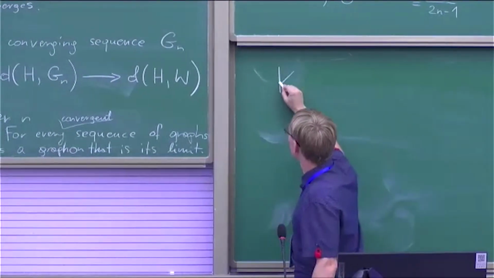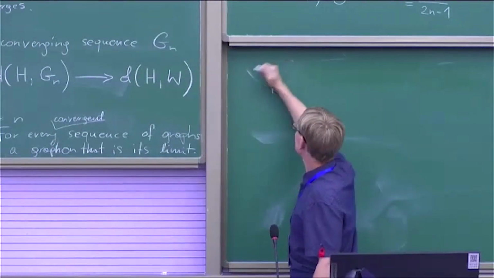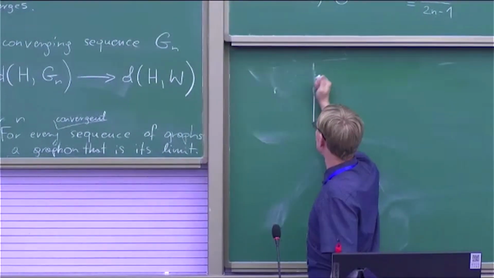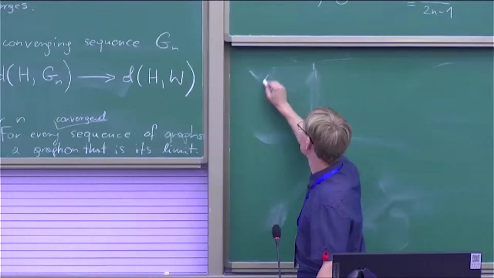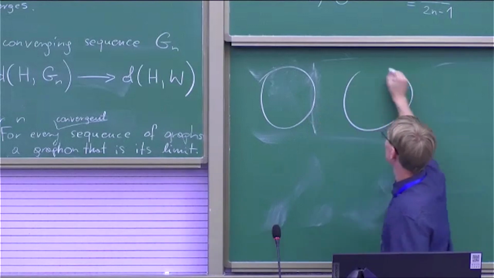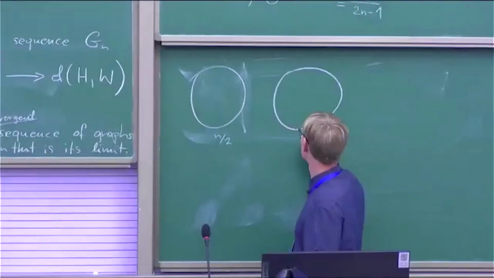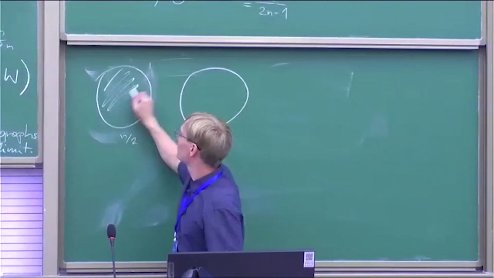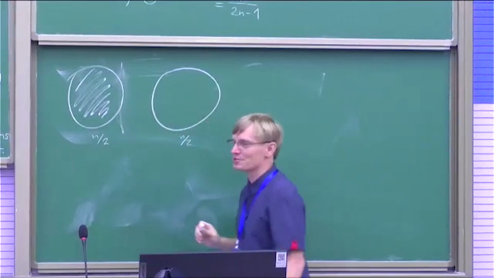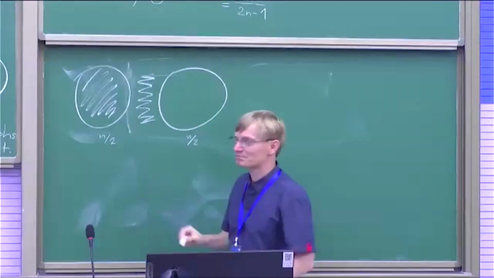Let's do the following graphs. It's got two parts. Each part is of size n/2, and I have all edges in one part, no edges inside the other part, and let's say all edges between.